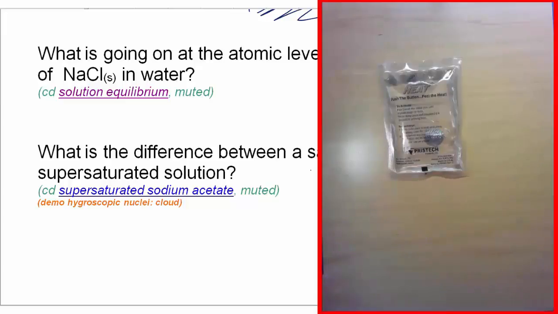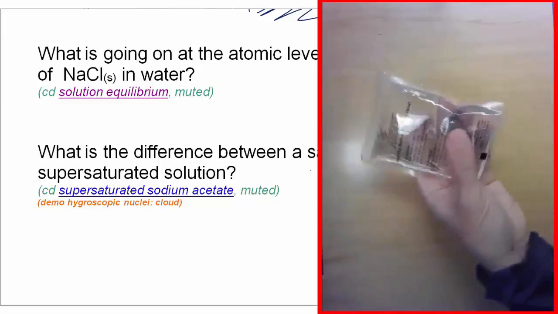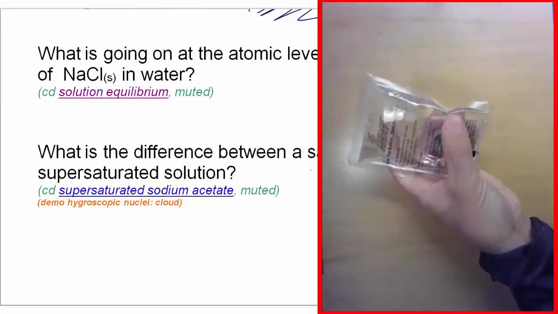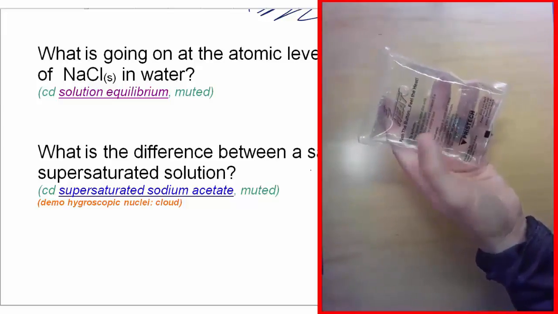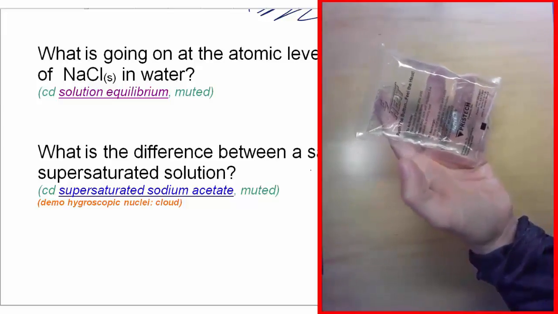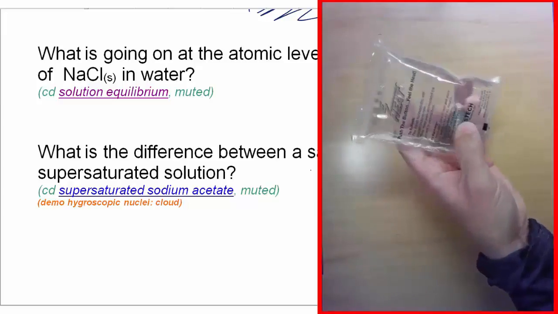Then they let it cool down without shaking it and without any hygroscopic nuclei being present. And then the solution should have precipitated out, but it didn't. It's holding much more material, much more sodium acetate than it should. So to prove that to you, you could break this bag open and stick some little particles in there, and it's all going to start precipitating, or you can push this little button.